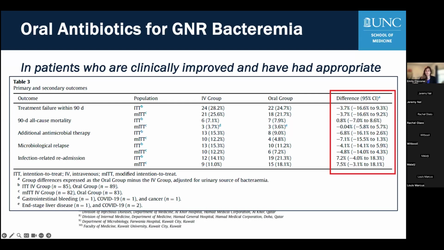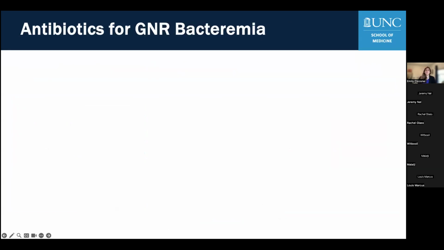And they found no difference between the 2 groups, the oral group or the continued IV therapy group, both for their intention to treat and modified intention to treat analyses. And then when they broke down the individual components of the primary endpoint, they also did not see any differences there. So basically in this carefully selected patient population of people who are improving on IV therapy, it is reasonable to consider transition to PO to finish the course.